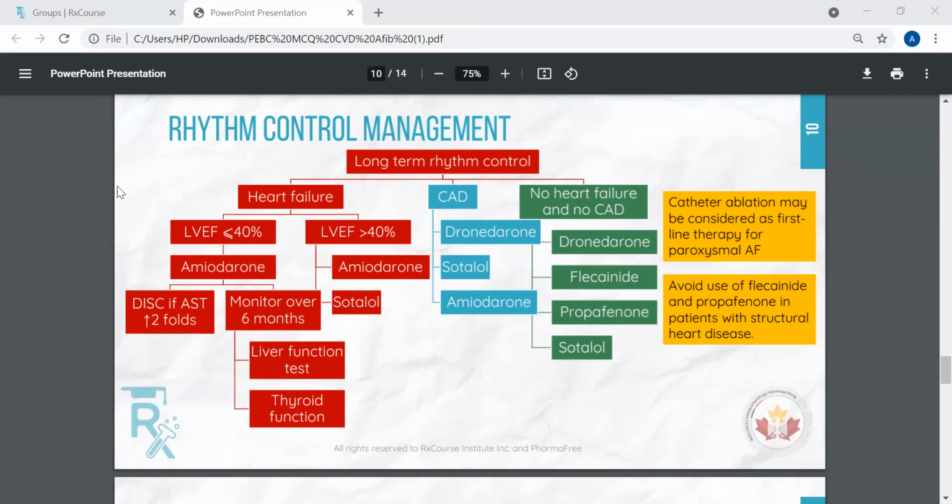If the ejection fraction is more than 40, at that point I can use either amiodarone or sotalol, either or. The question again, what if amiodarone didn't work? I will go to ablation. If sotalol doesn't work, I will go to ablation.